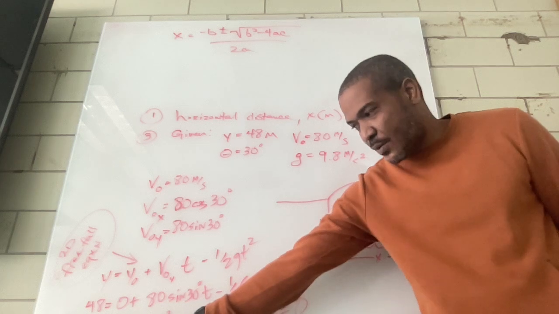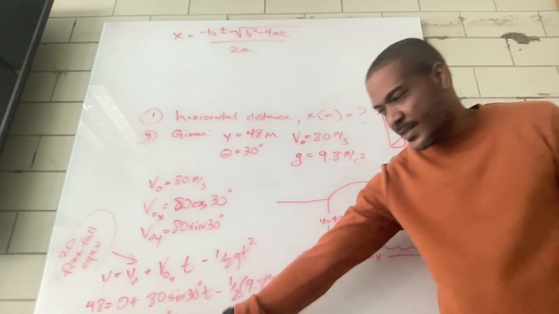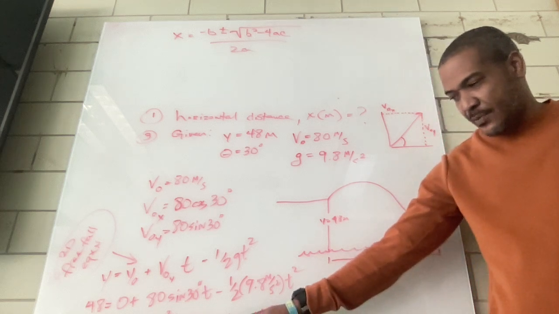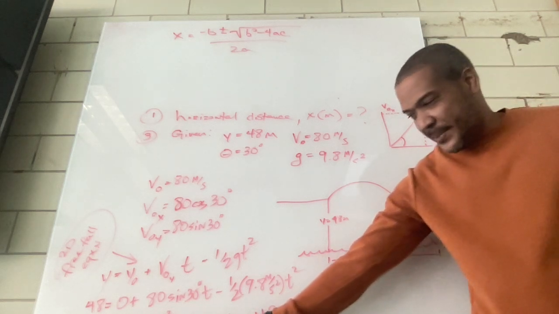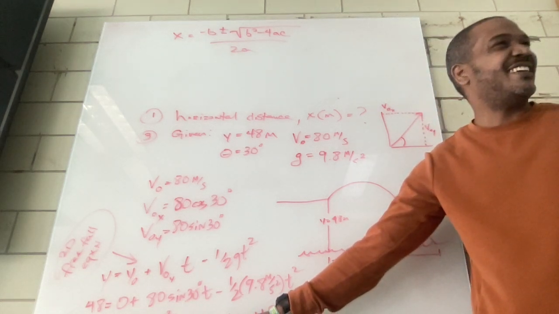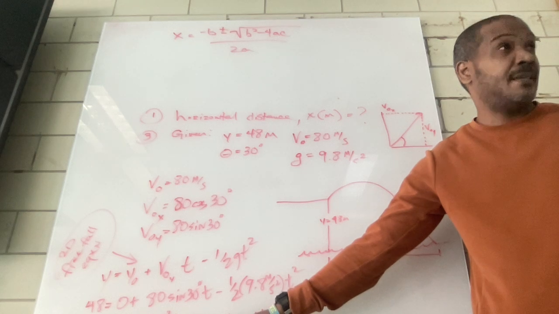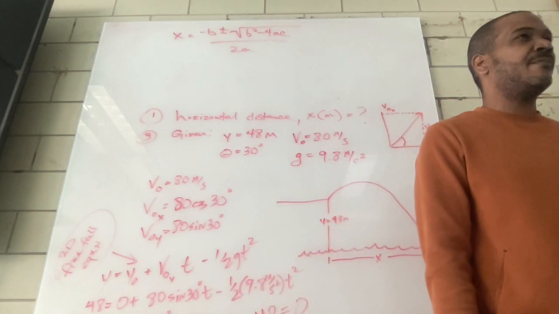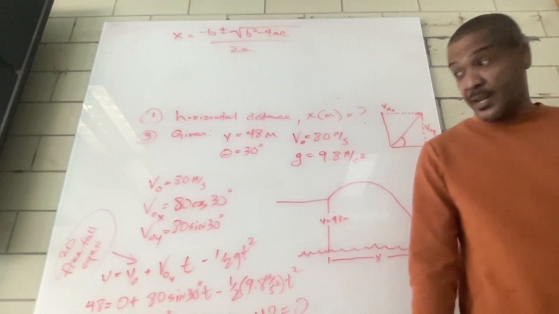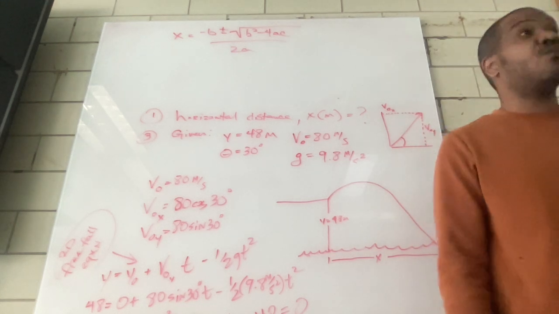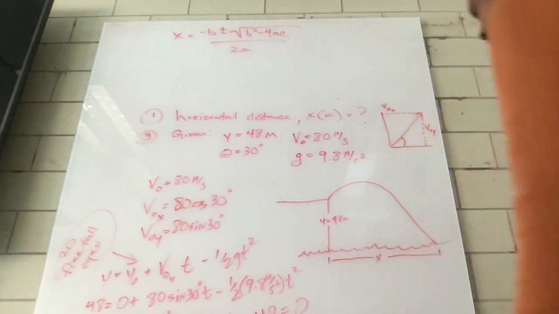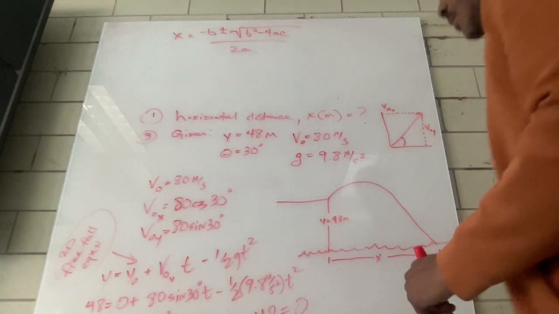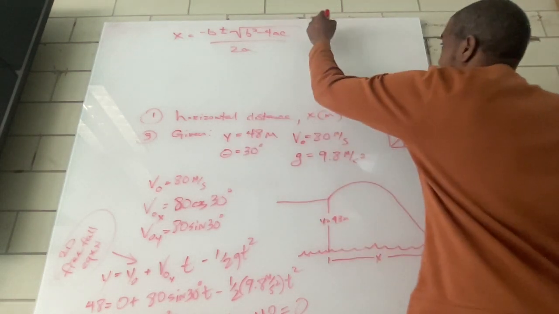A x squared, this is t squared, plus bx, t would represent x here. B would represent what? 80 sine. So a would represent what? Negative 1/2 and 9.8. So that's what a is.